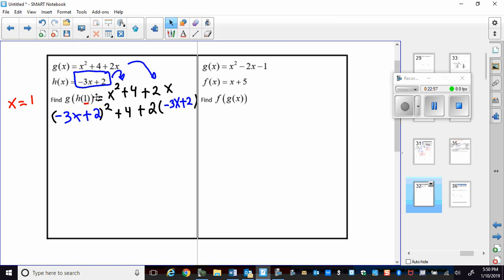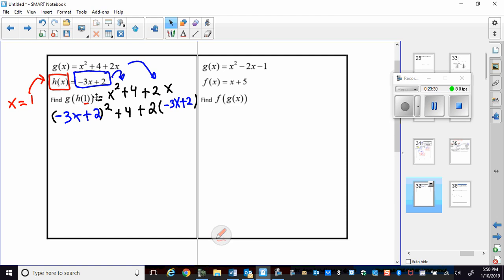And we're not done because x equals 1. So lastly, we're going to plug in what x equals as a number. So first, we plugged in h into the x values, and then we plug this 1 into that. Okay, that's the goal. And what we do after that is use our graphing calculator to solve the problem.